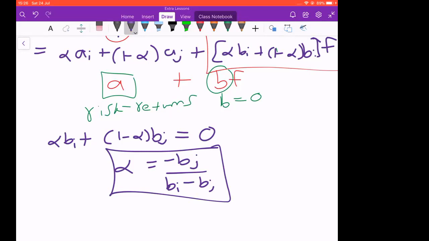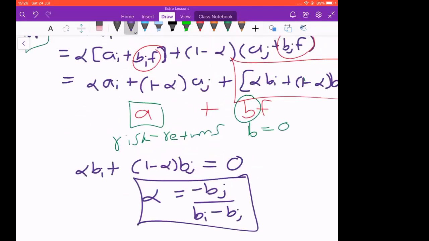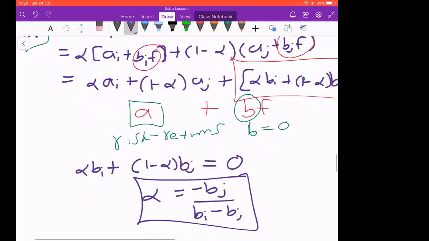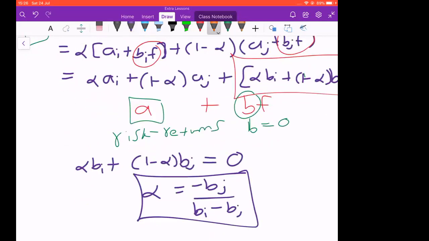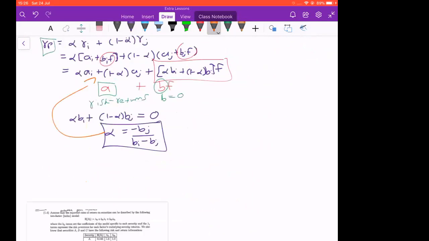So if this is the case, we can basically take this thing back to our equation, right? So we can write our returns of a portfolio in terms of theta.